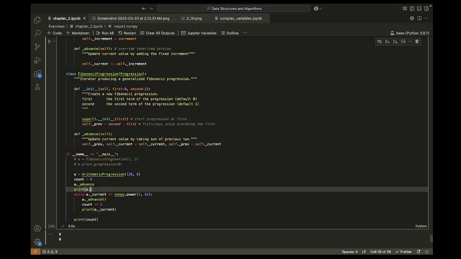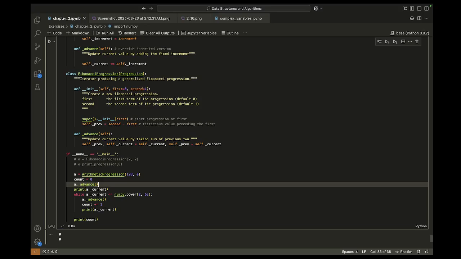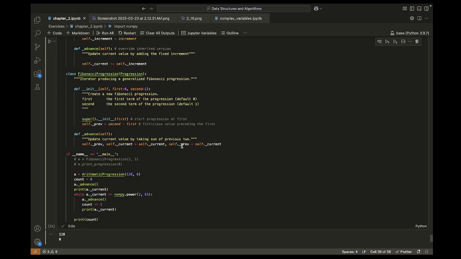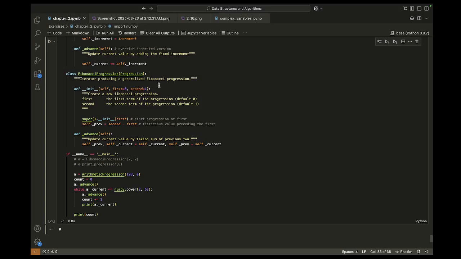Let me check what a dot current is. It's 0, even though I told it to advance. Oh, I didn't use the bracket. Okay, so we don't need to advance it now.